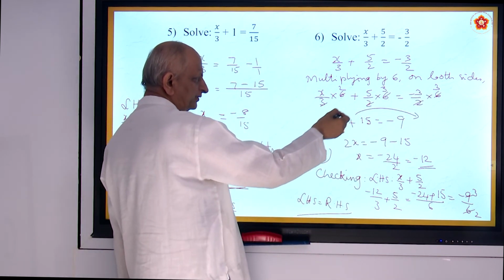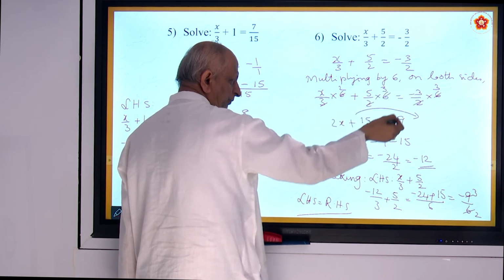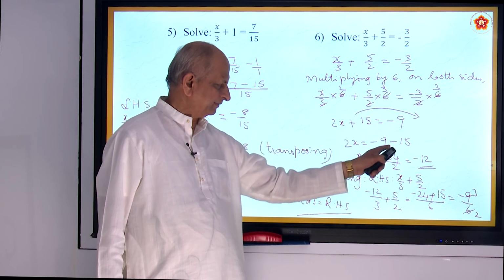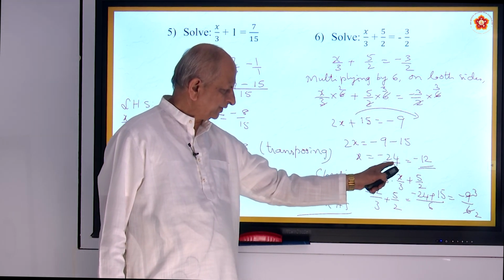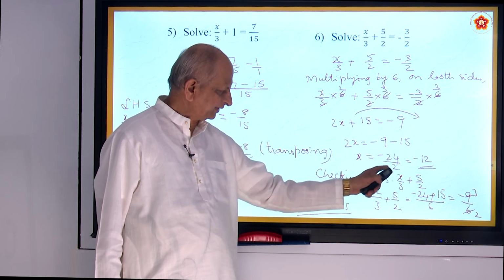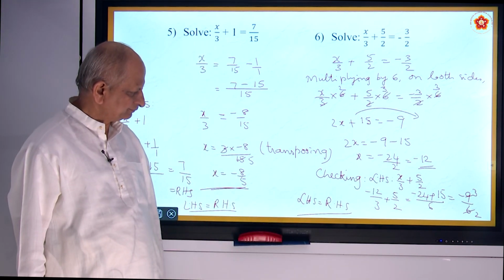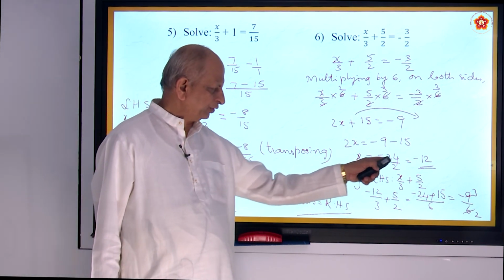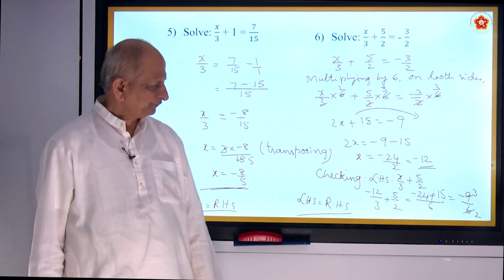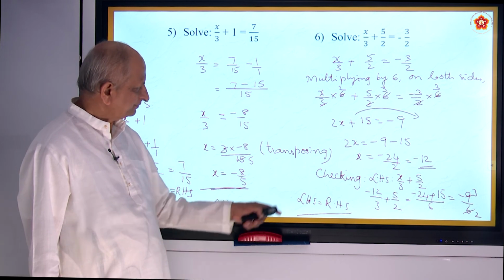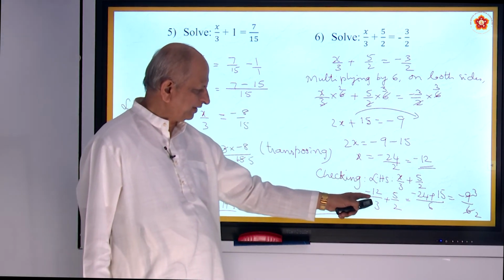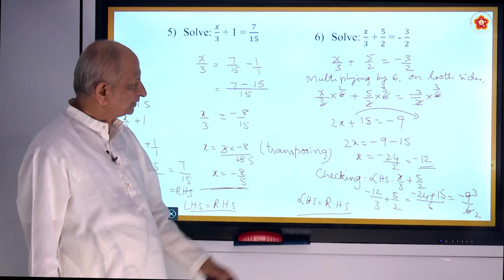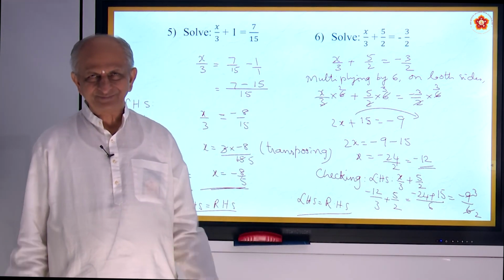You got 2x plus 15 equal to minus 9. So 2x equal to; plus 15 goes to that side, minus 15, it becomes minus 24. Here it is multiplied, bring it to the right hand side, divided by 2, and hence you got the value of x equal to minus 12. Okay, then checking. Wherever there is x, you put minus 12. You get minus 3 by 2, which is also equal to the right hand side.